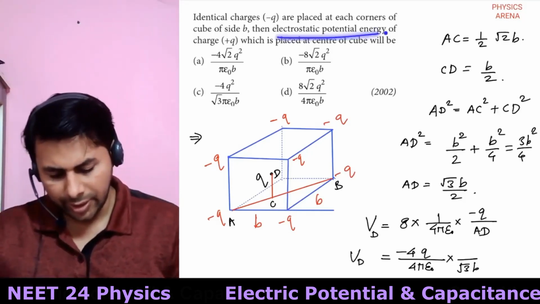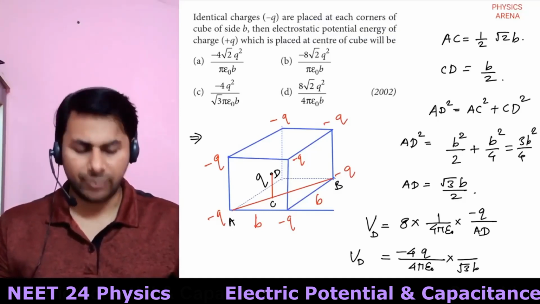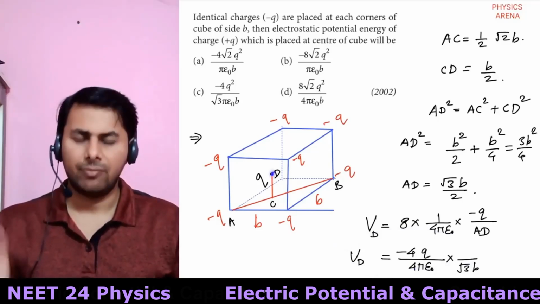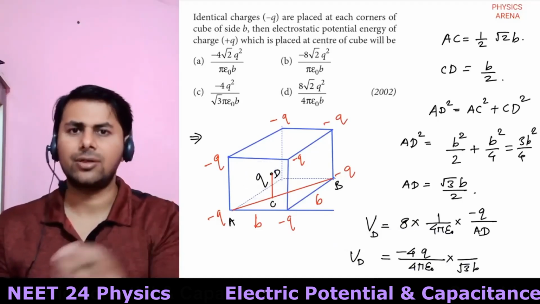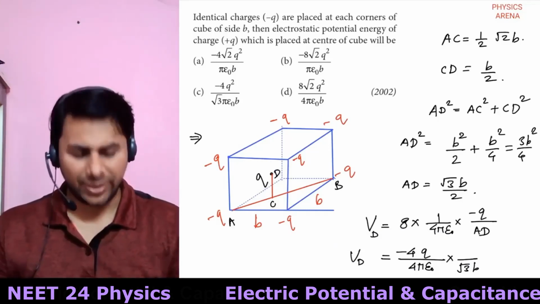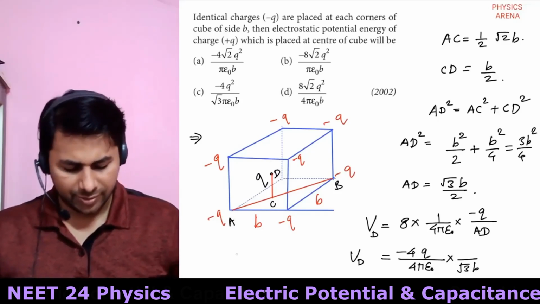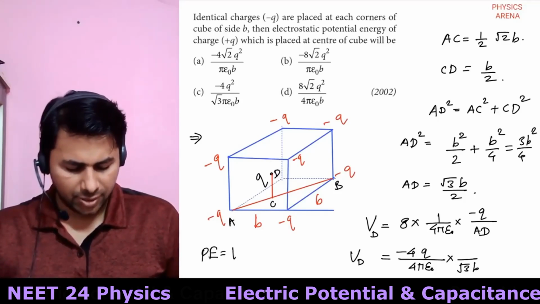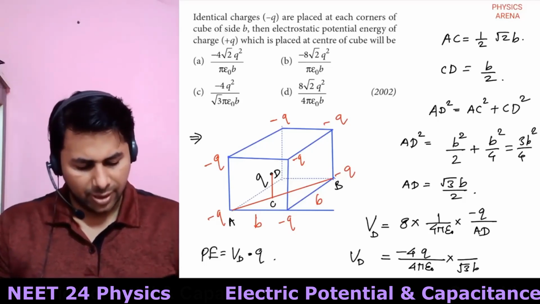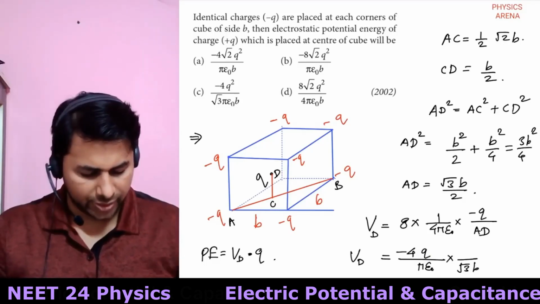And we want the electrostatic potential energy. So electrostatic potential energy is equal to what? This potential due to all the charges at this point multiplied by the charge that you are bringing from infinity and keeping at that point. So potential energy will be Vd multiplied by the charge that you are keeping, minus q.